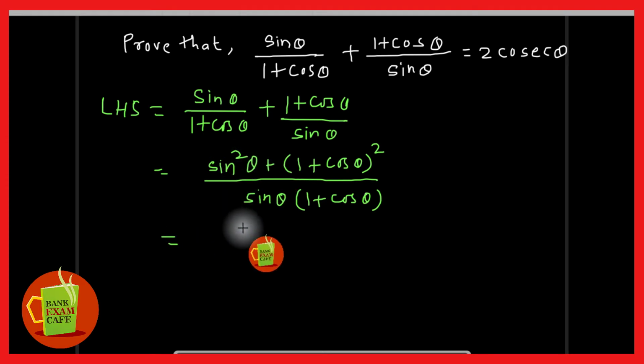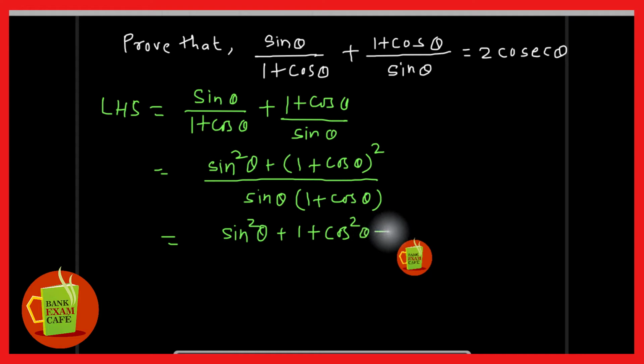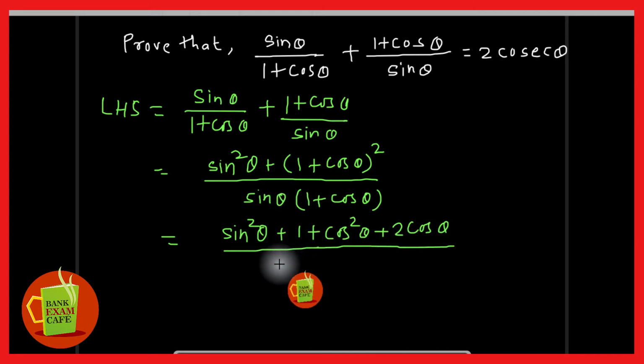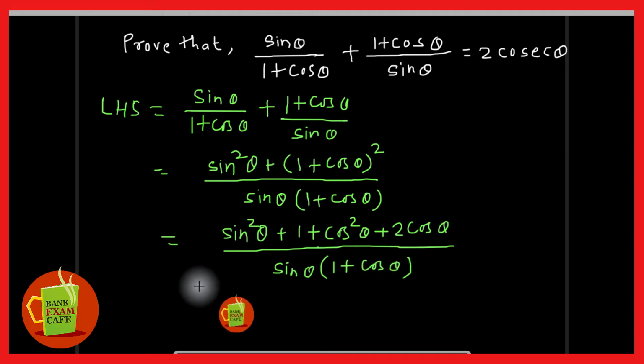So which is equal to sin square theta plus, open this bracket by taking the square as a plus b bracket square, that will be a square, that is 1 square will be 1, plus b square, that will be cos square theta, plus 2ab, that is 2 cos theta, upon sin theta into bracket 1 plus cos theta.